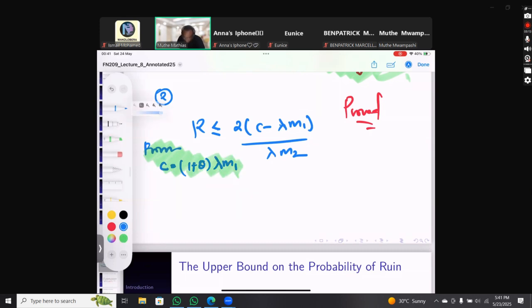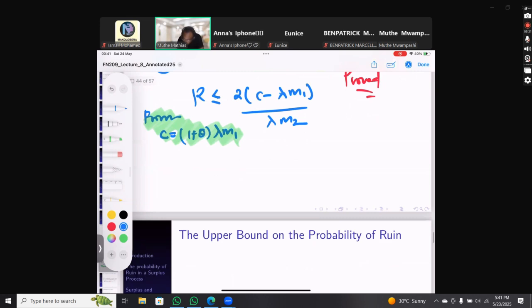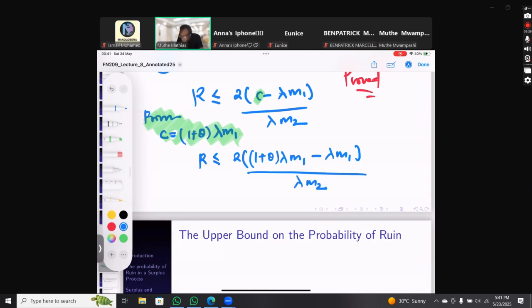Of course this is equal, so I'm going to simply substitute this part here. You end up with R less or equal to 2 times 1 plus theta, lambda M1, minus M1, divided by lambda M2.